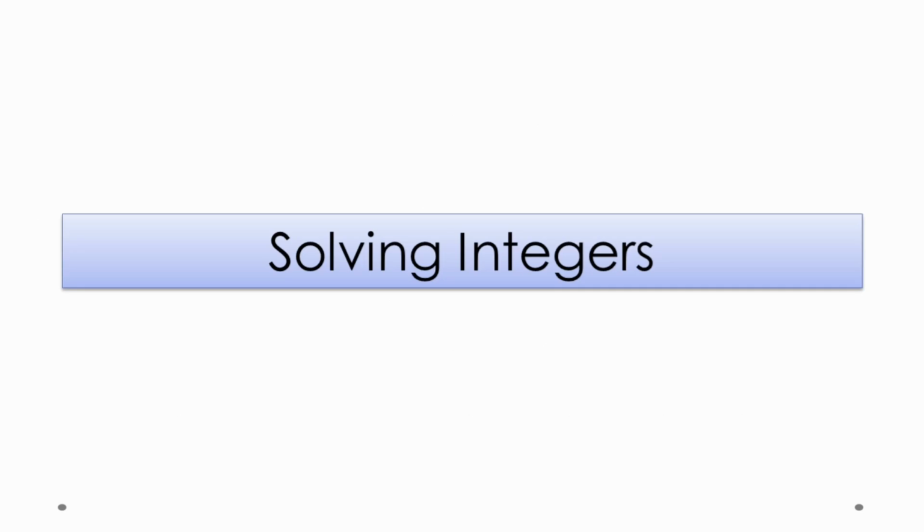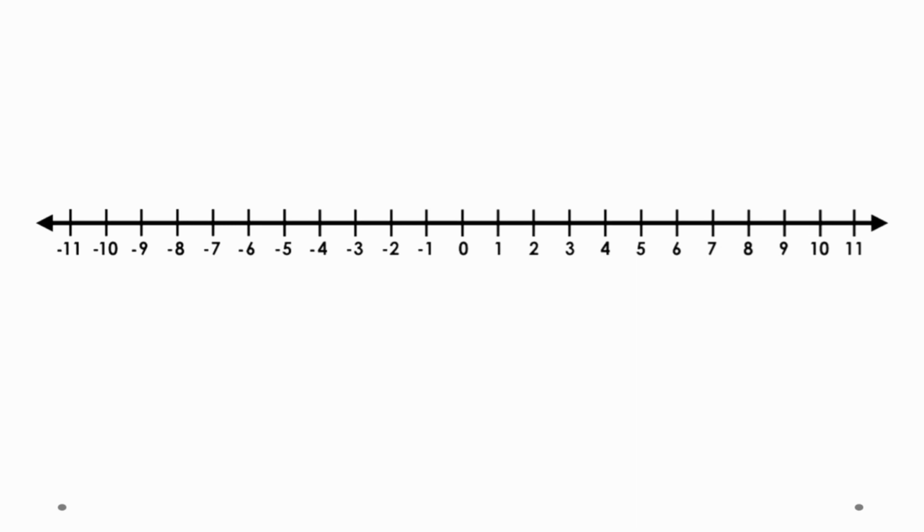Solving integers using number line. We have learned how to add and subtract using number line. What about solving an expression like 8 plus minus 5? Let's go to number 8 first and then subtract, or go 5 spaces left from there: 1, 2, 3, 4 and 5. This takes us to number 3.